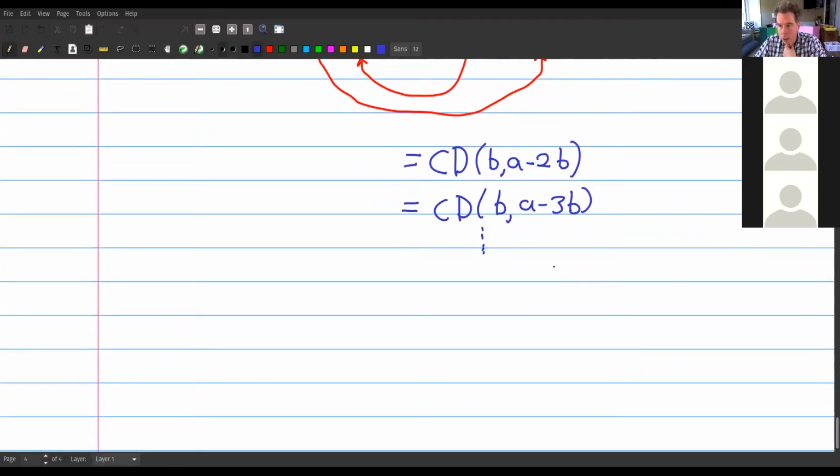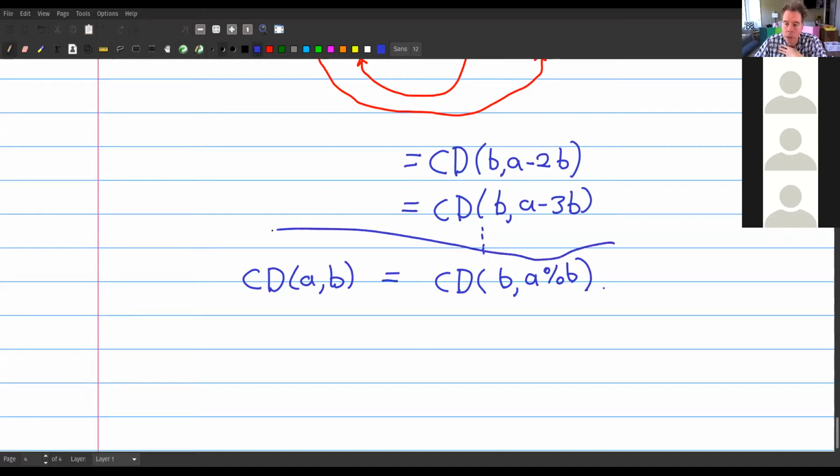So I can subtract out all the number of times that b goes into a evenly, and I can just leave behind the remainder. Eventually the only thing that's left here is the remainder when you divide a by b. So this means that it's equal to the common divisors of b and a mod b. Just to summarize what we showed, the common divisors of a and b is equal to the common divisors of b and a mod b.